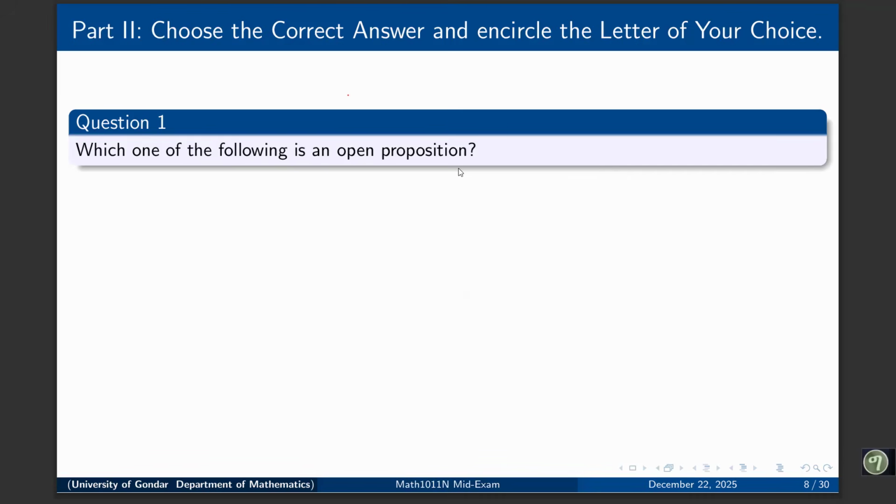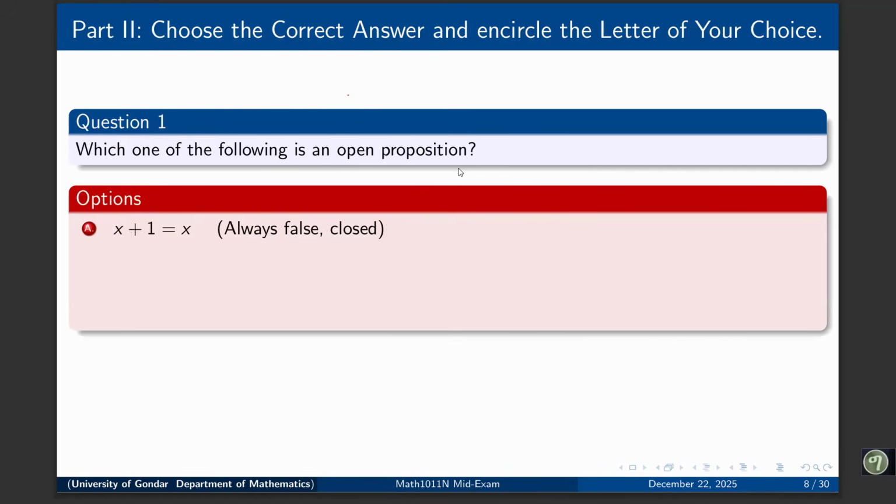It is a proposition that involves one or more variables, but when we replace the variable, the truth value becomes either true or false. But this doesn't imply that every statement involving a variable is an open statement. It depends. So let us see the options.